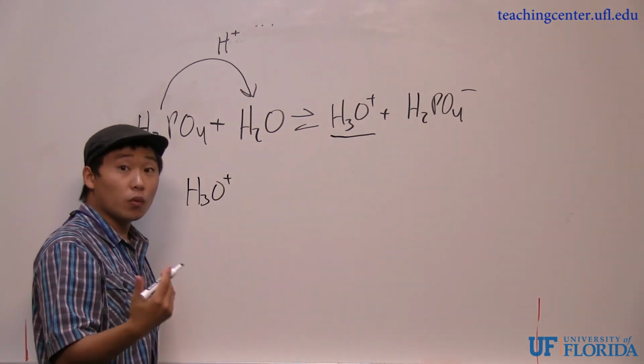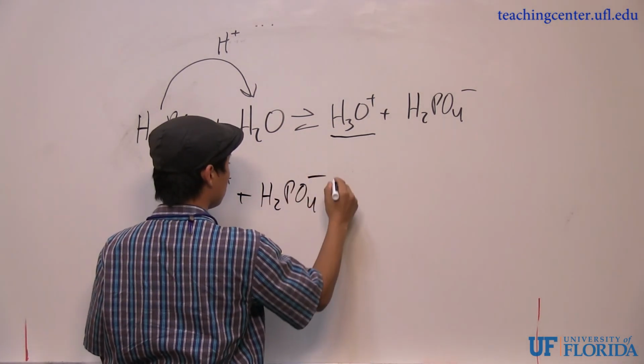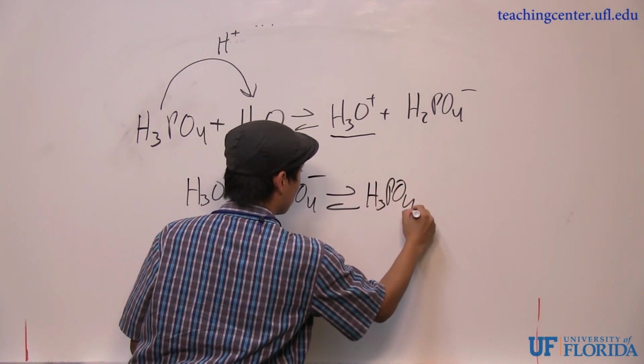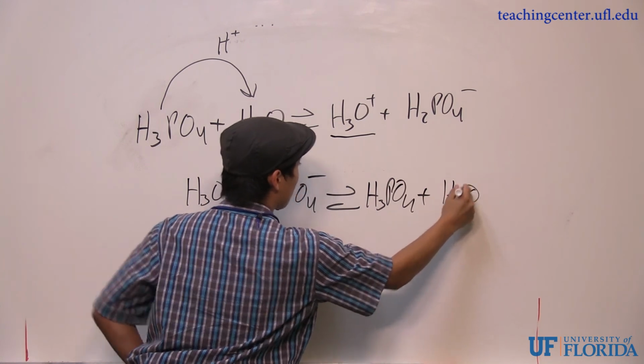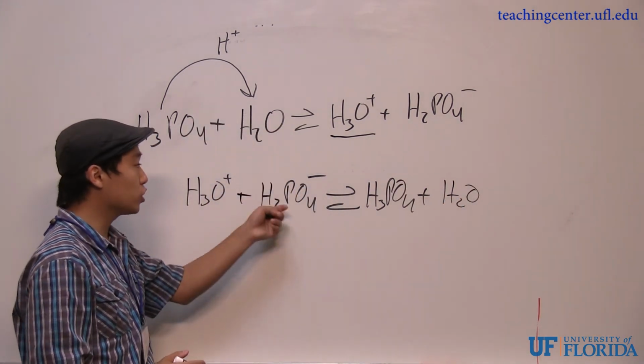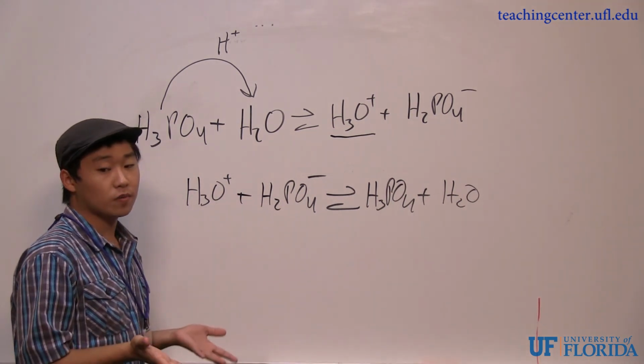And so that means if we reacted this with, say, H2PO4-, we would get H3PO4 plus H2O as our product. And see here how the hydronium gave its hydrogen over to the H2PO4-. So therefore, hydronium acts as an acid.